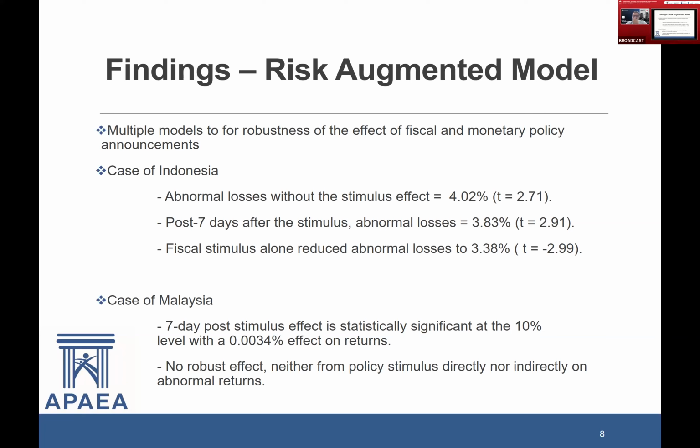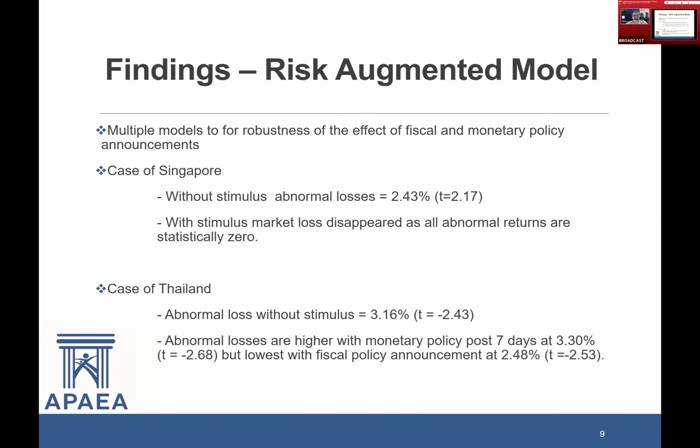Now, in the case of Malaysia, the 7-day post-stimulus effect is statistically significant, but with a very small 0.0034% effect on the return. In the case of Malaysia, we actually couldn't find any robust effect for the policy stimulus, be it directly or indirectly through abnormal returns.